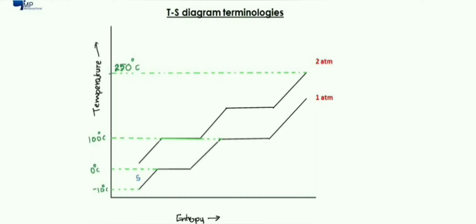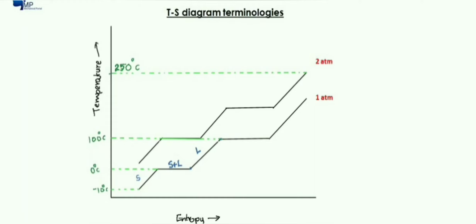If we keep on heating, at 0 degrees Celsius it starts melting. So there is an equilibrium state where the solid and liquid states coexist at 0 degrees Celsius to some extent, and after a certain heating the temperature increases from 0 to 100 degrees Celsius.